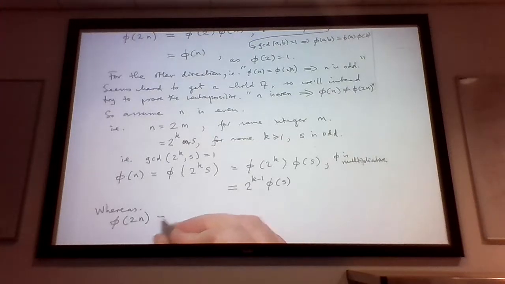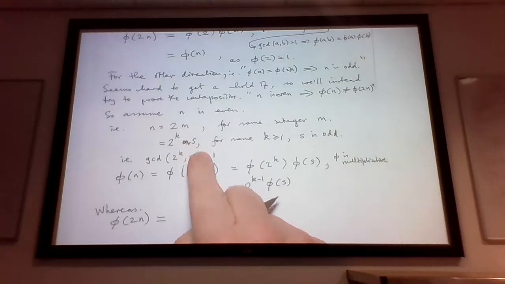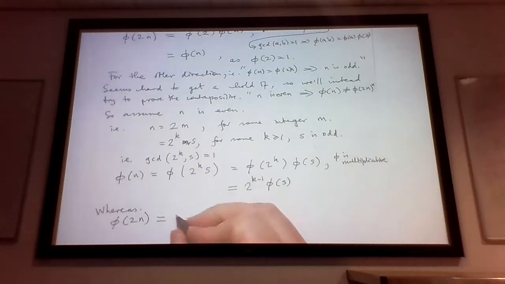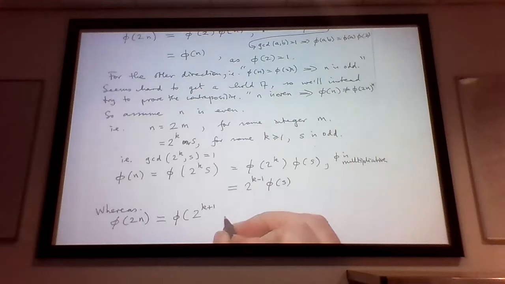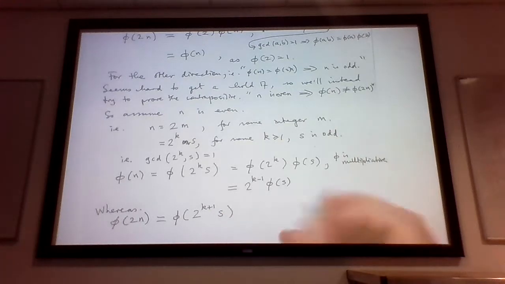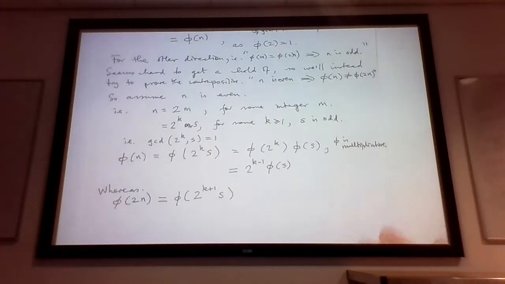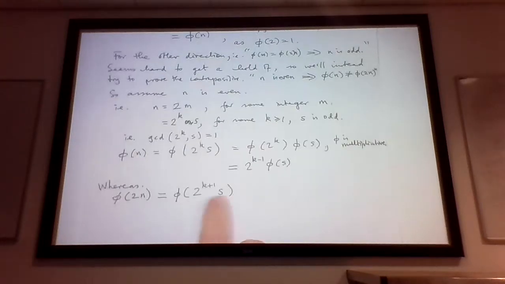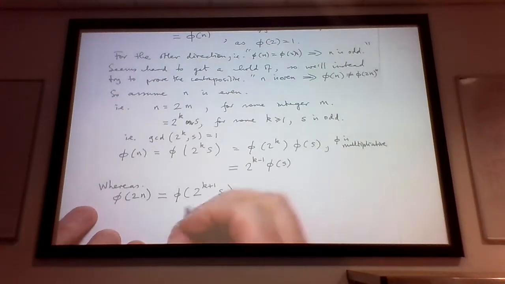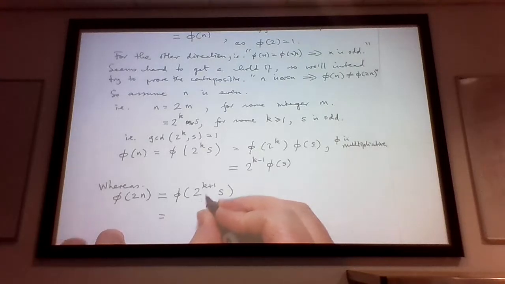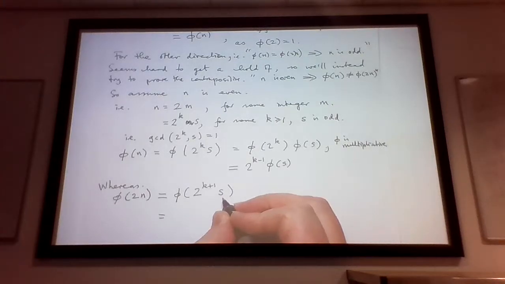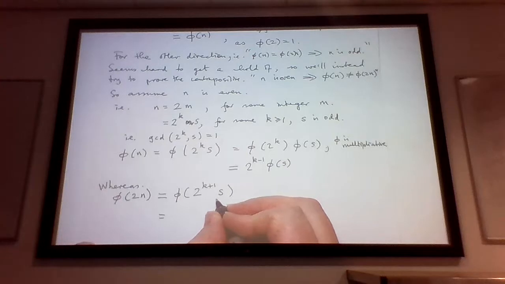Well, n we're representing as 2 to the k times s, so the natural way to represent 2 times n is 2 to the k plus 1 times s. s is odd, so these two numbers are again co-prime. The first one only has powers of 2 as factors, but the other one is odd, so it doesn't have any 2's in it. So they're co-prime.